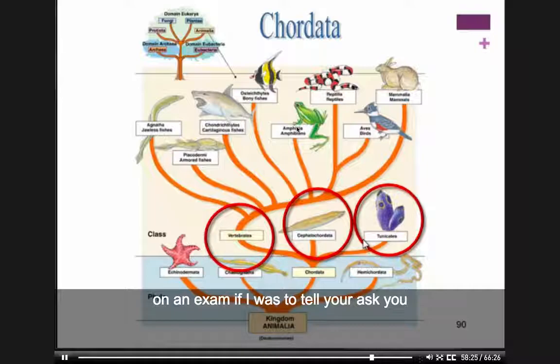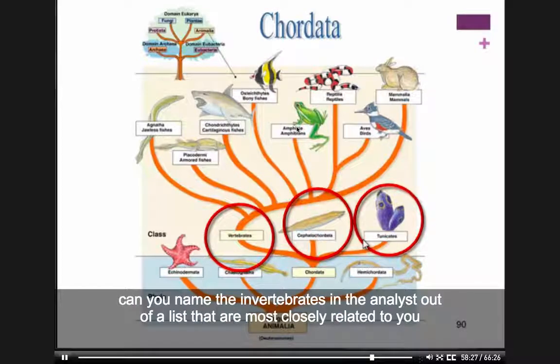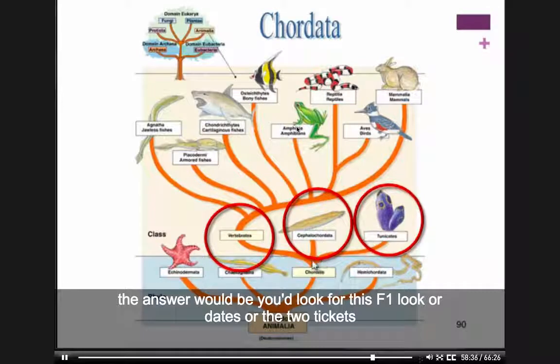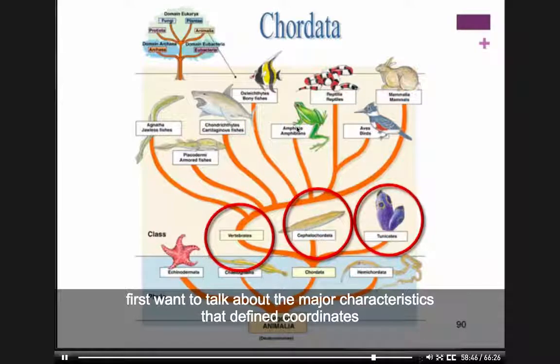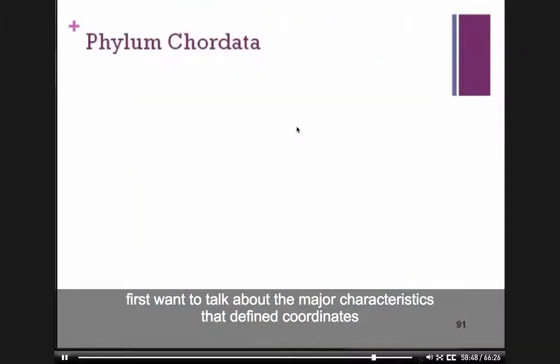On an exam, if I was to ask you, can you name the invertebrates out of a list that are most closely related to you? The answer would be you'd look for the cephalochordates or the tunicates. These are the 2 groups that we're now going to discuss. But before we go over those groups, I first want to talk about the major characteristics that define chordates.